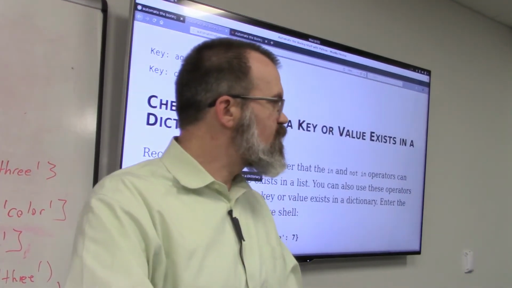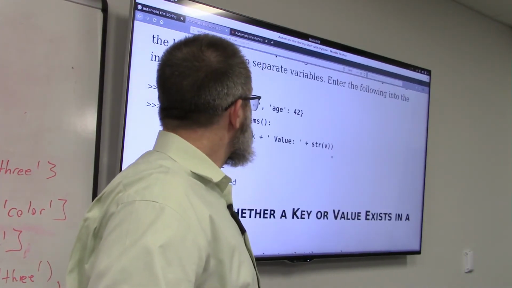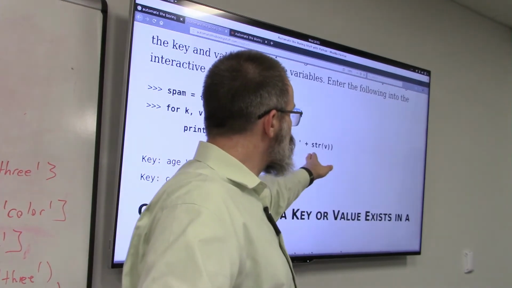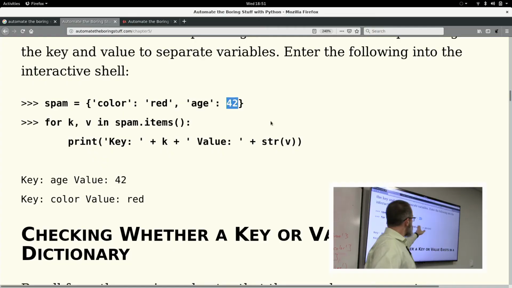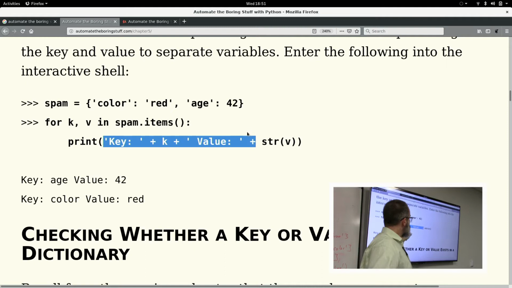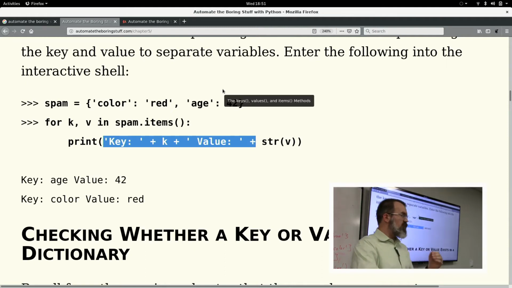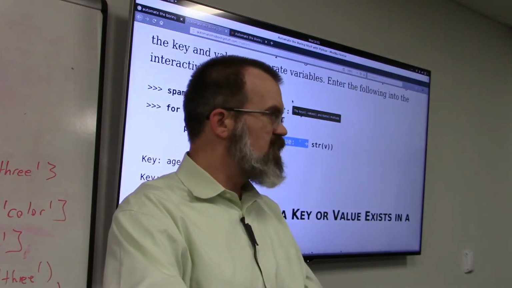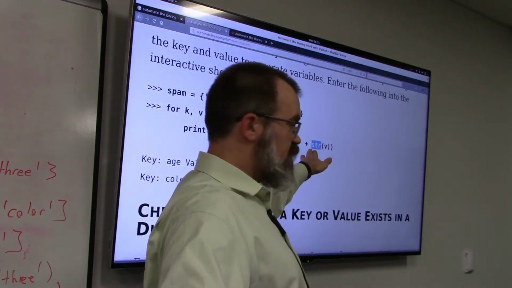Yes? Why did we convert the V to string? Is it because of the 42? Yes. So in this case, if he did not call the string function to convert the V to a string, then he would have gotten an error in this print statement when it processed 42. Now, if you happen to know that all of the values for a particular key are strings, then you probably could have survived without the string function.